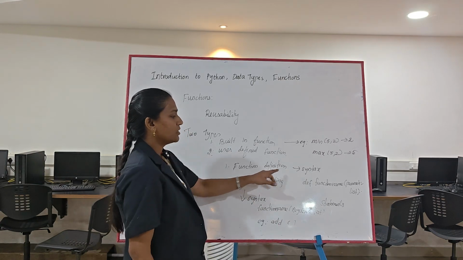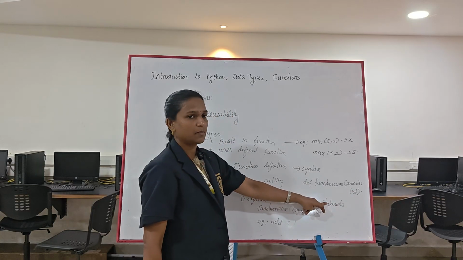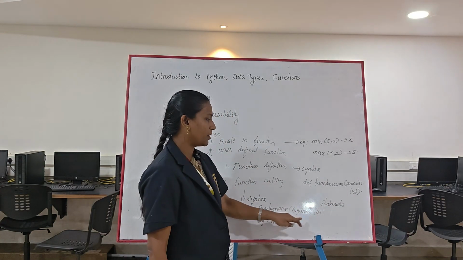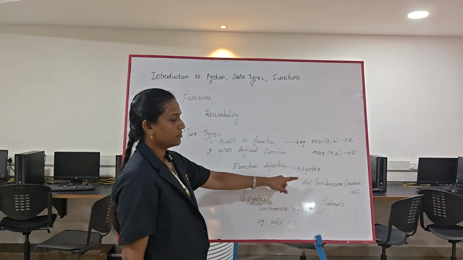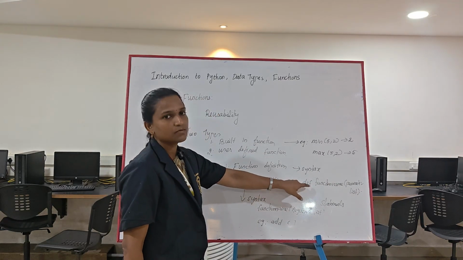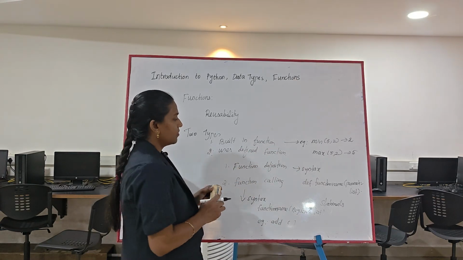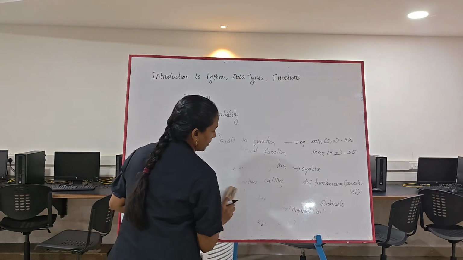So function definition syntax: def function name, parameter list, statements. Function calling syntax: function name, argument list. We are going to use these syntaxes for defining functions. We will see one example program.